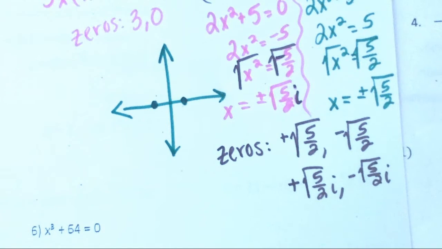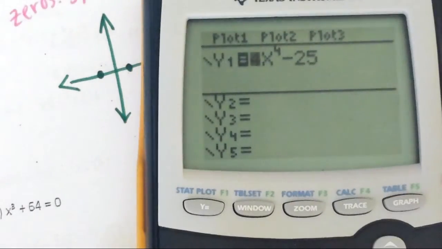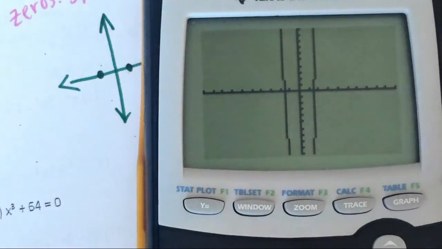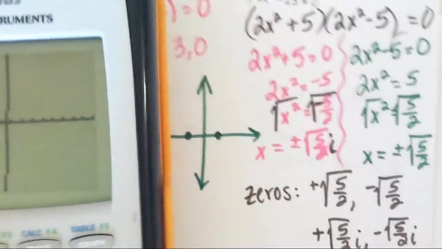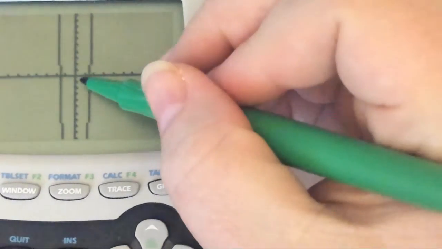All those things you're naming are real numbers, and those are imaginary numbers, so they actually don't cross the real number plane. So when I graph, and I know you don't have your graphing calculator, and I know I'm being extra, but I'm just extra, okay? If you knew how we got here, you're done. I just am extra because I'm extra. If I graph this, because that's what our problem was, on my calculator, it only crosses twice. Why does it only cross twice? It only crosses at those two real roots. It crosses at the square root of 5 over 2 right here.